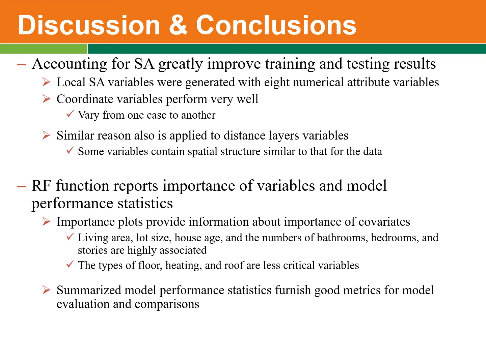The importance plots provide information for us to evaluate those factors, and the results indicate that most of the variables are highly associated with house prices. However, the type of floor, heating, and the roofs are less critical variables. And the summarized model performance values, for example, R square and prediction error, provide good metrics for evaluating the model performance.